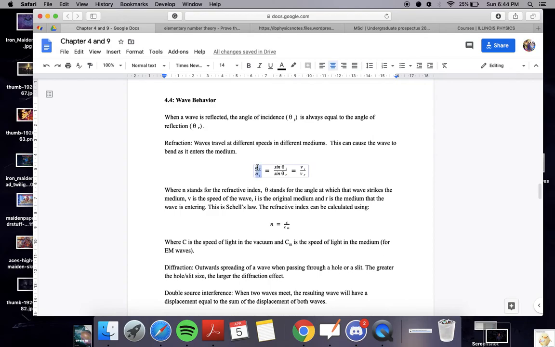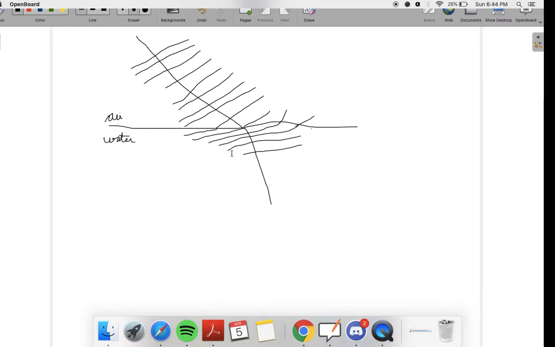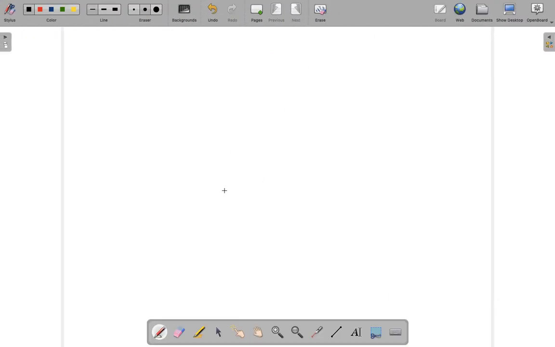So we have n, which we call the refractive index of a certain medium. The refractive index is pretty much the ratio of the speed of light in that medium against the speed of light in the other medium, actually. So if we want to talk about, let's say, the refractive index of water, then that will be equal to the speed of light in whatever medium it's coming from.